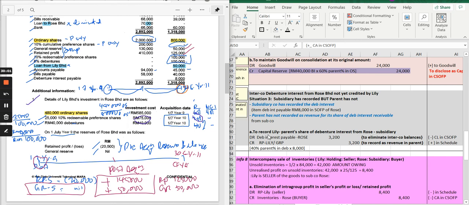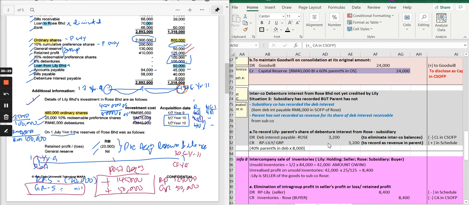What we need to do is to take the share of the parent by debiting the debenture interest payable. Take the portion that belongs to the parent, which is 40%. 40% of 8,000 is 3,200. So this will reduce the debenture interest payable down to 4,800.